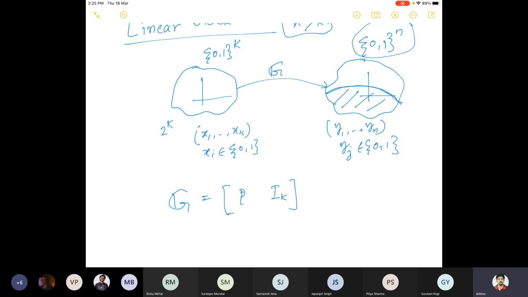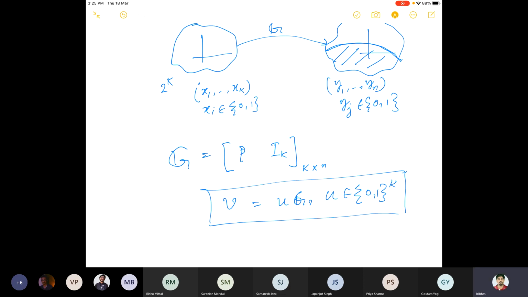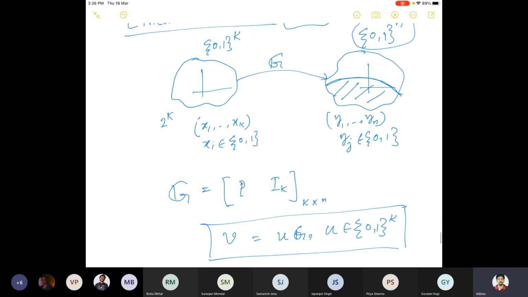The dimension was k times n. When G acts from left to right, it means we are multiplying from the left hand side, because the elements in the vector space, on the left hand side or the right hand side, are all row vectors. So we have to multiply from the left. Any code word V is nothing but U times G, where U is in 0, 1 to the power k. So row space means it's a vector space. I have a linear code, which means this is a subspace of 0, 1 to the power n.